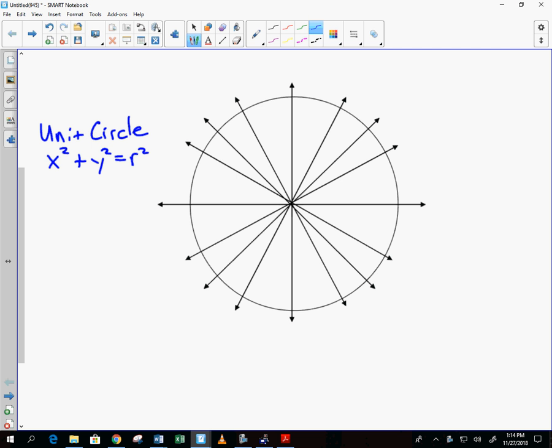The reason it's called the unit circle is the radius is 1. And if the radius is 1, it becomes x squared plus y squared is equal to 1.